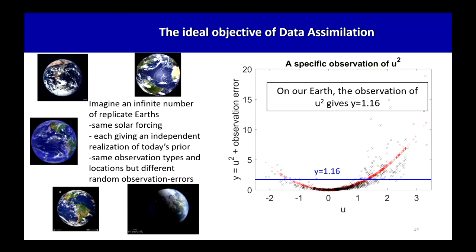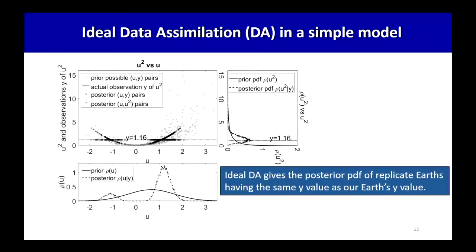And maybe there'd be some way, if they knew what I knew, which is all these replicate Earths, where they could group together all the replicate Earths that just happen to have an observed value of 1.16. And so you can see how you could have a true value of u down here at 0.5, which gave you a u squared value here of 0.25.